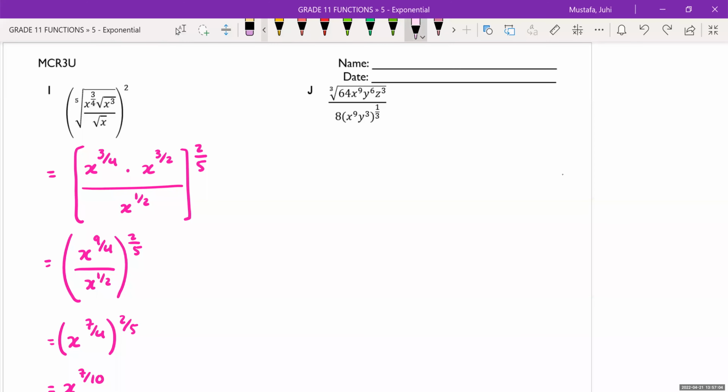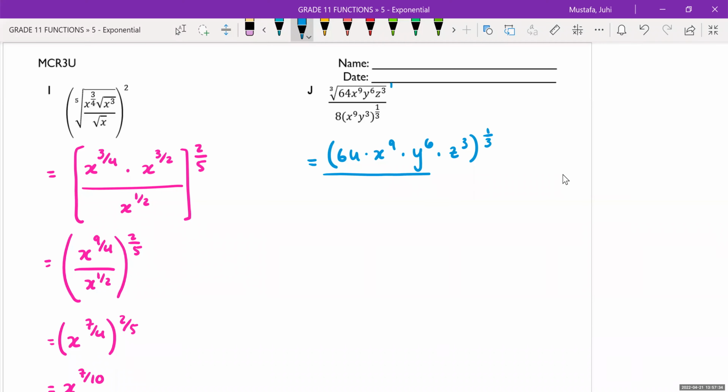All right, for this last question, let's just solve it. So we have, in the numerator, I'm going to break it down just to see what's happening. We have 64 times x to the power of 9 times y to the power of 6 times z to the power of 3, all to the power of 1 over 3, because my index is 3 and there's a little 1 over there technically, so you put those together.